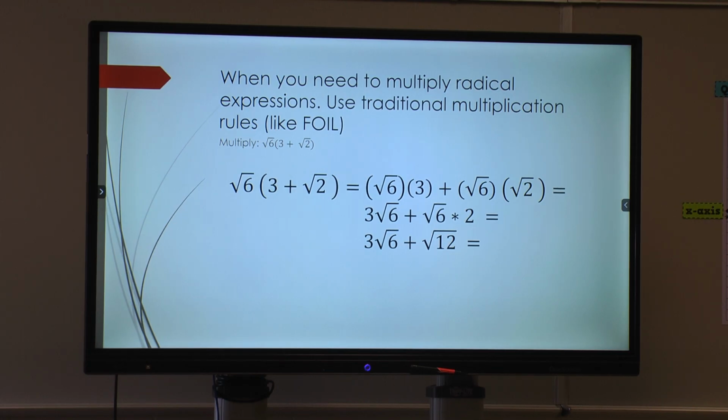What times what? 3? No, 3 times 3 is 9. What is 2 times 2? 4. But now 4 times 3 is what? 12. So I can go ahead and break it down. That means I have a perfect square. In order to come outside the radical, I have to take the 2 same numbers, pair them up, and bring them outside the radical, right?